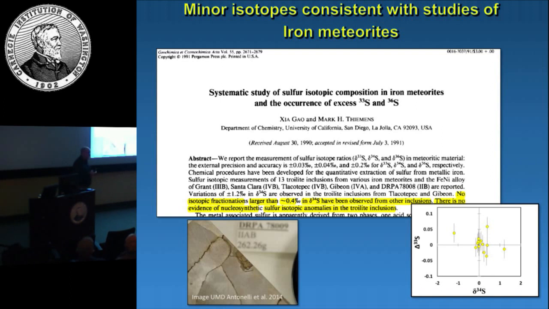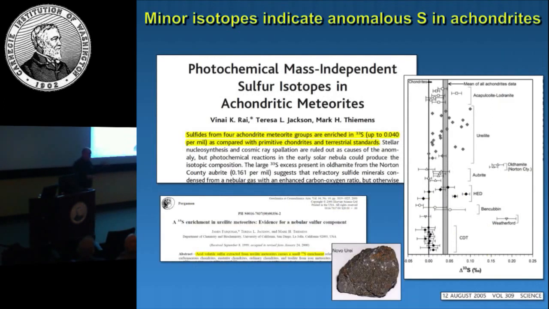Now there was something strange that popped up in the past 15 years. Iron meteorites, which are thought to be either the cores of asteroids or iron-silicate segregations within the asteroids, and the silicate mantles of the asteroids, which are the achondrites, should be related in some way.